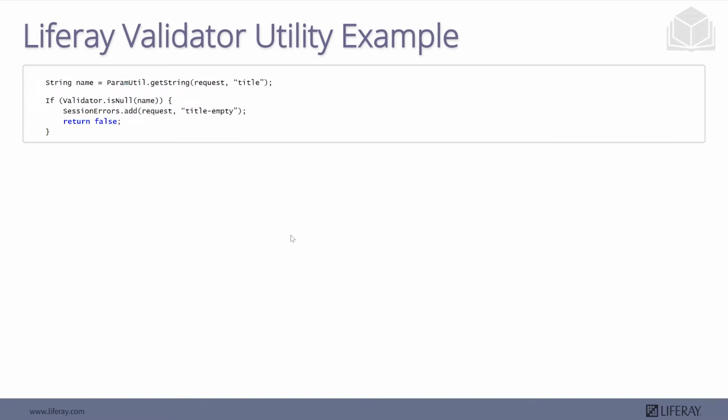So we can do things like checking if it's null, or if it's a string or a phone number, and that validator class has many more methods to help us out with our validation.